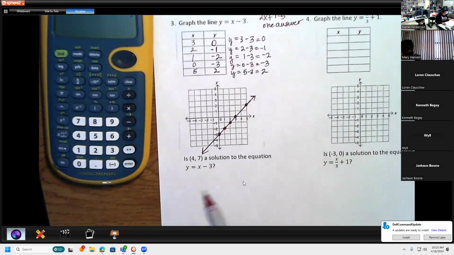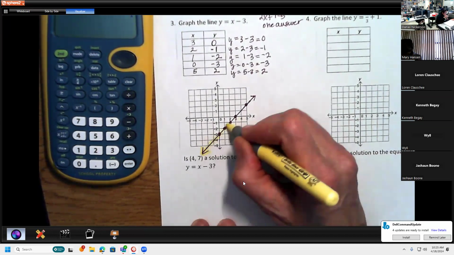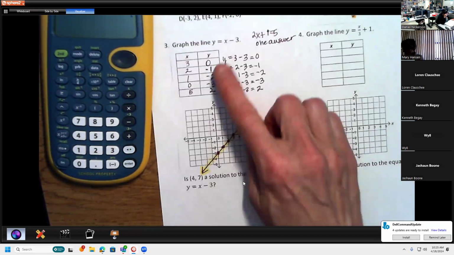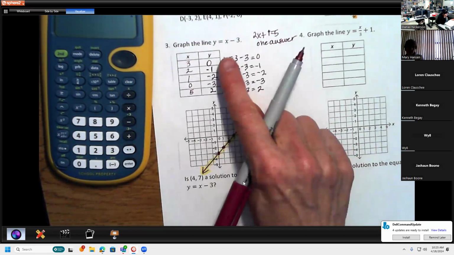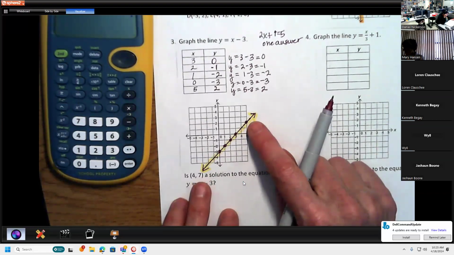And this line we talked about yesterday, this line represents all of the solutions for this equation. And every single equation we're going to work with should form a perfectly straight line. Okay.